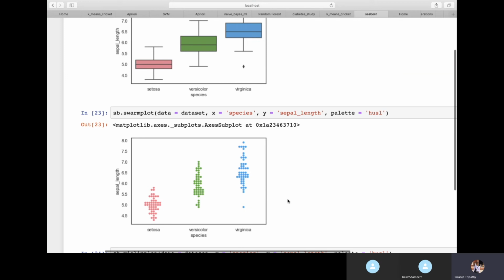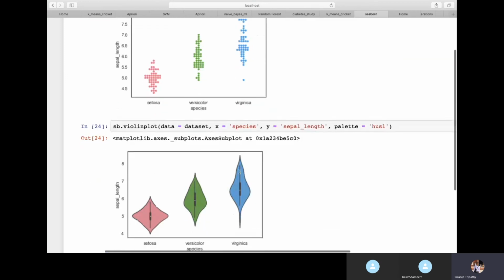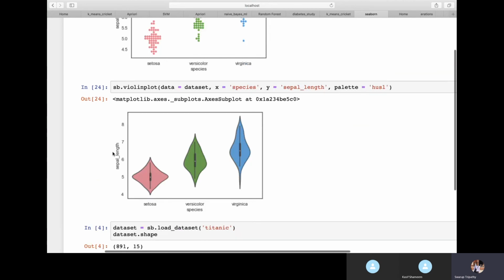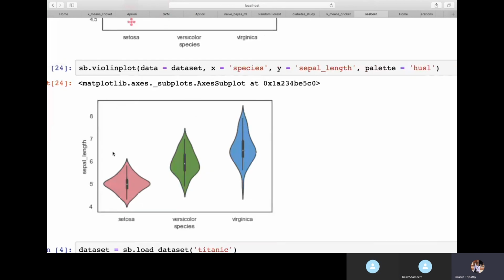Next, similarly, there is one more plot called the violin plot. The box plot is manipulated again, and they have created one more plot called the violin plot. The violin plot shows you the distribution of data, where the data is more dense. Is it towards the bottom? Is it towards the top? If you see versicolor here, we can say that more data is towards the bottom as compared to the top.